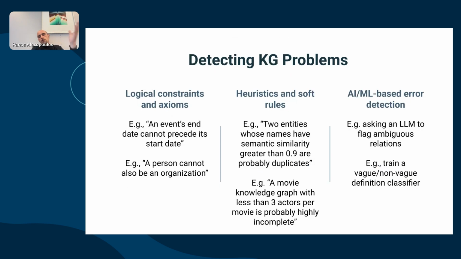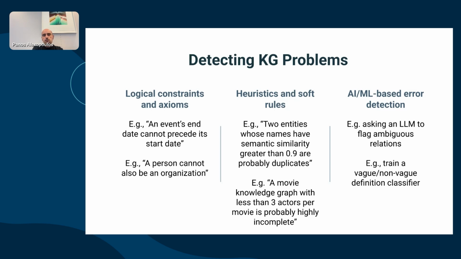Now, all these types of issues in a typical knowledge graph management life cycle need to be tackled, need to be detected as potential problems, quantified to some extent, and then, of course, mitigated and treated. When it comes to knowledge graph problem detection, there are 3 categories of approaches. One first approach is to define and apply logical constraints and axioms.